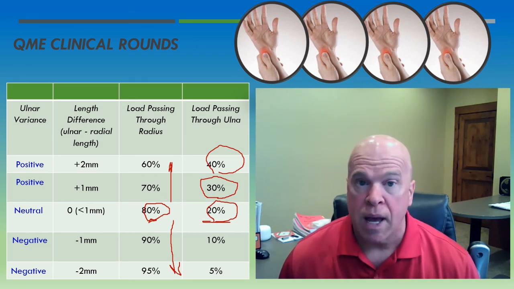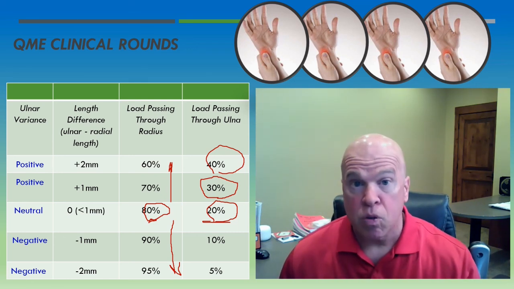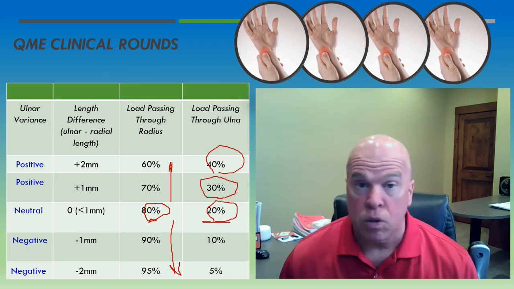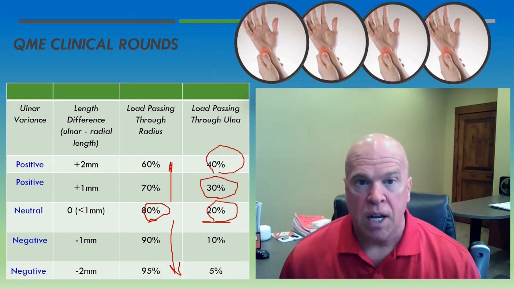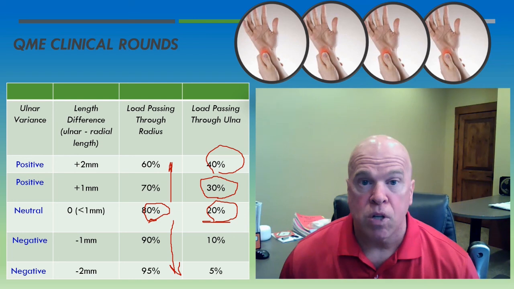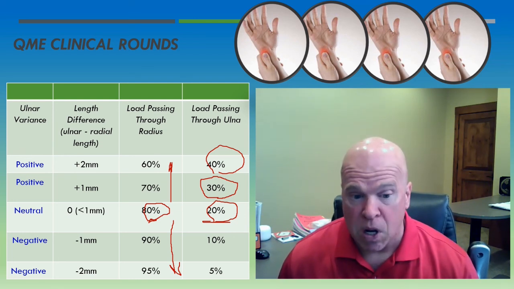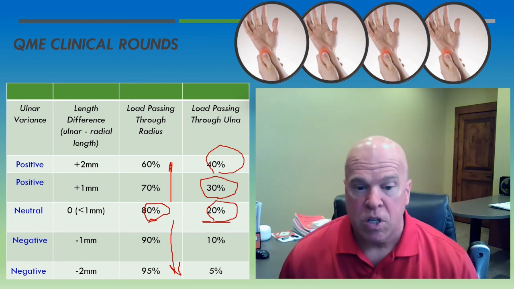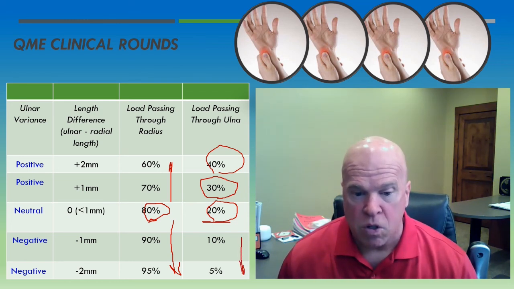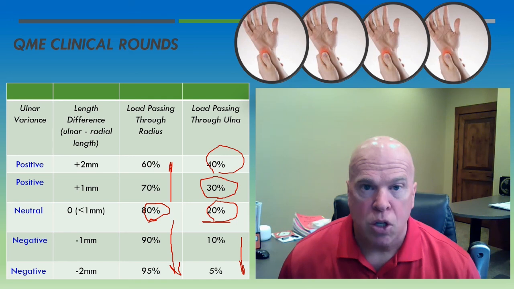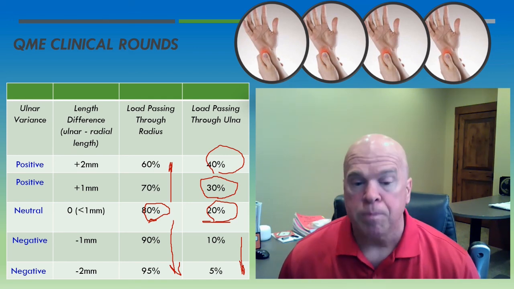But also we can have injuries at the division line between the radius and the ulna here at the radiolunate articulation, and even into the distal row of carpal bones at the radiolunocapitate articulation. And then we see a corresponding decrease of forces here being transmitted through the distal ulna.